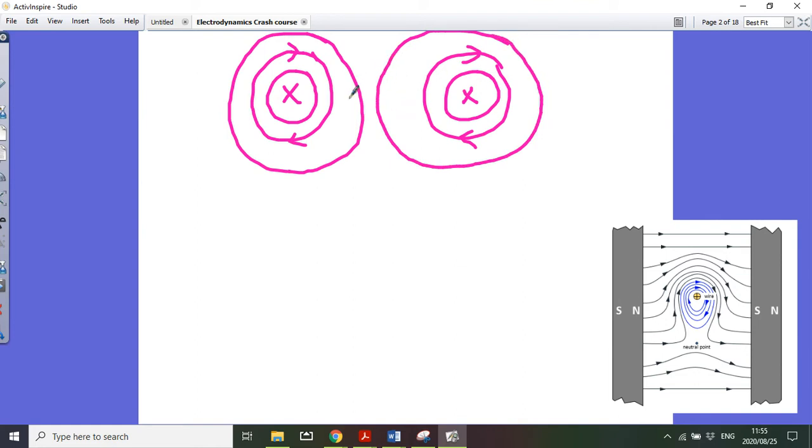But what you will see here, where the two magnetic fields interact with each other, and this is the whole basis of electrodynamics, basically. Here in the middle, you can see that it's clockwise, and here it's clockwise. But if you look at the field here, the two fields are going in opposite directions, so they will basically cancel out each other. So in the middle here, you will have a low magnetic field density.